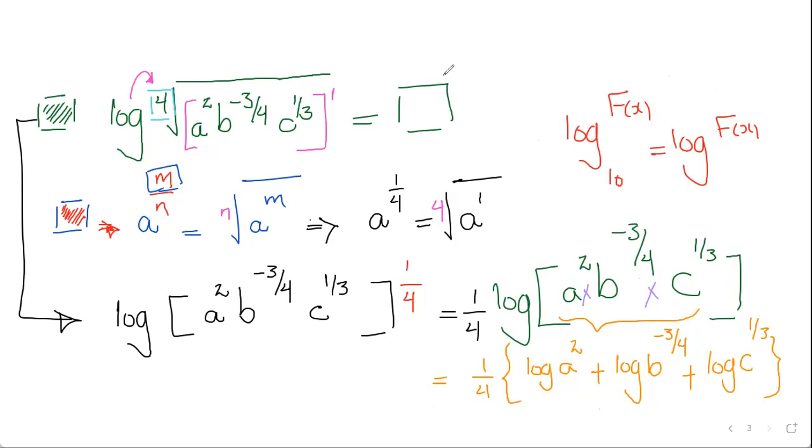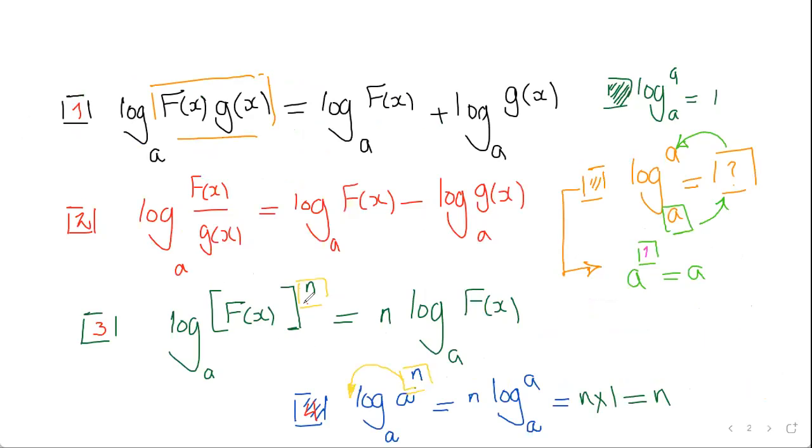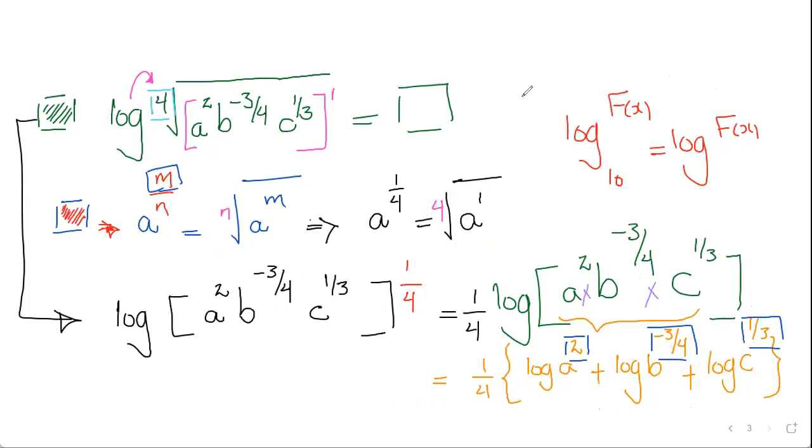Now, look at this one. Exponents 1/2, -3/4, 1/3. The same thing. We have a log function which has an exponent. We can take that exponent as a coefficient. That's what we're going to do at this stage.